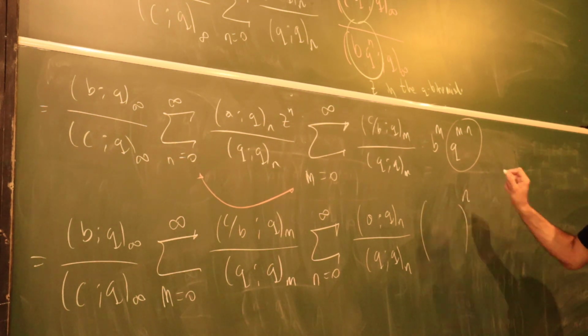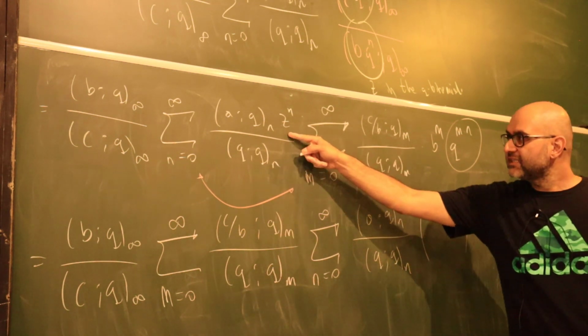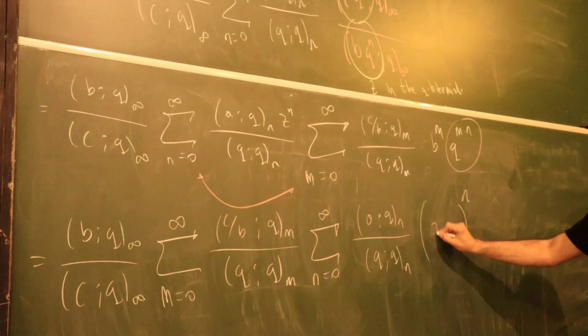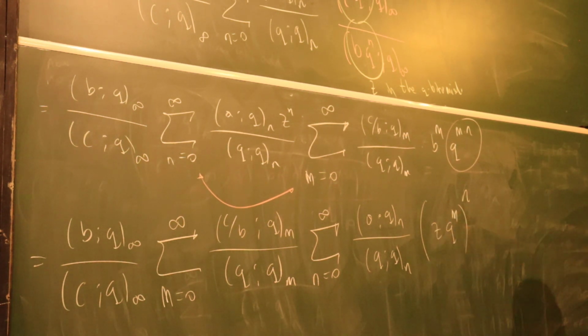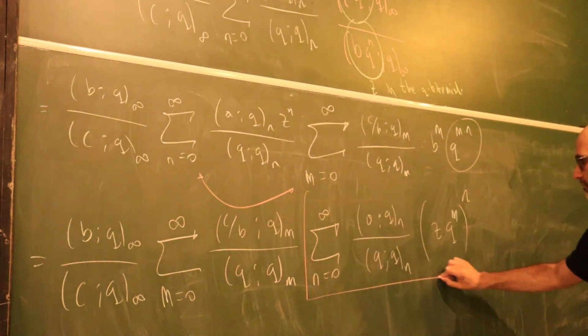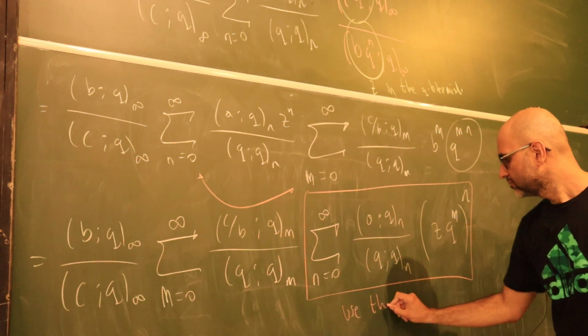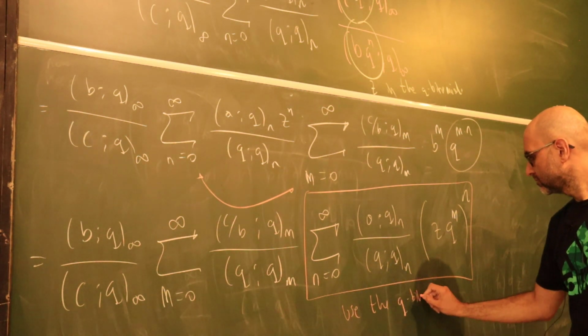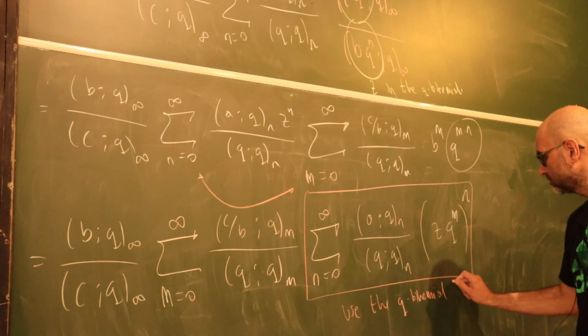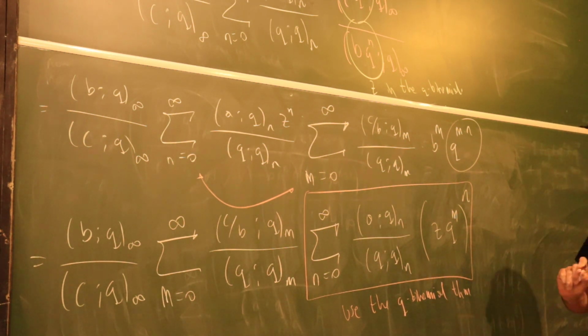We want something raised to n. What's that something? Z times Q to m. Use the Q binomial theorem one more time. Did I?